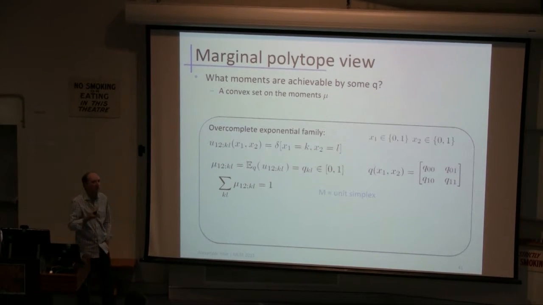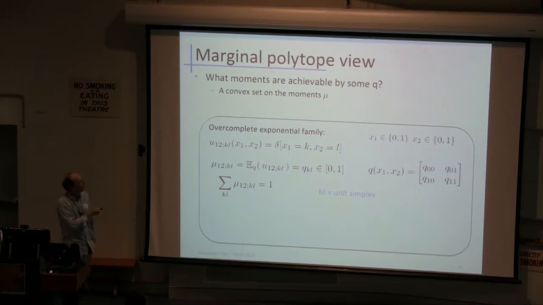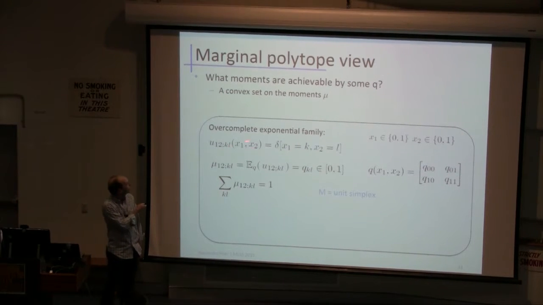It's easy to see that this is actually a polytope, an intersection of half-planes for a discrete system. So if we have, say, an exponential family problem, so I'm just going to write a simple distribution over a pair of variables x1 and x2. So any distribution over x1 and x2 is just representable by 4 probabilities. So it's binary.